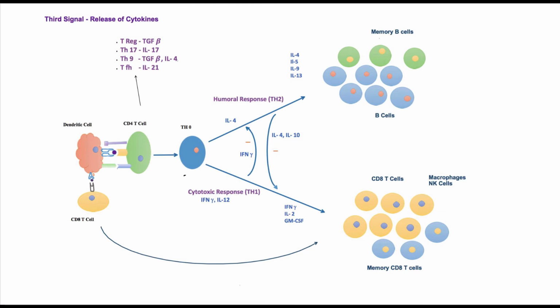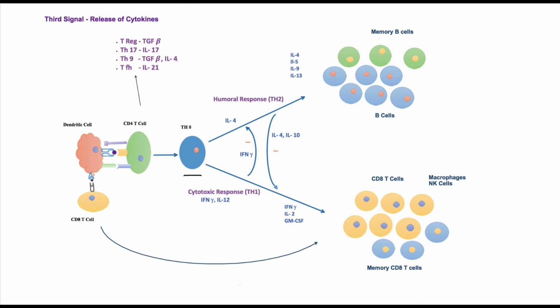These CD4 T cells or helper T cells then will convert to subsets of helper T cells by these cytokines according to nature of pathogen. These subsets of helper T cells then mediate immune response depending on nature of pathogen. Suppose pathogen was an intracellular pathogen like a virus or Mycobacterium tuberculosis.